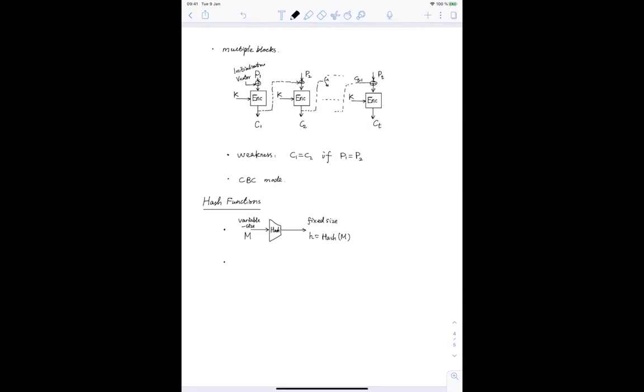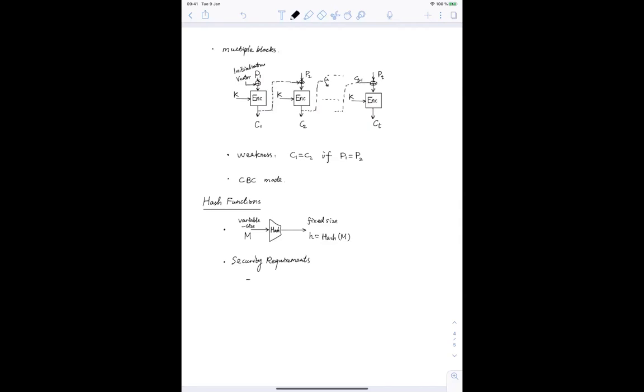And for security, we would like the hash functions to satisfy 3 properties. These security requirements are important for cryptographic applications.